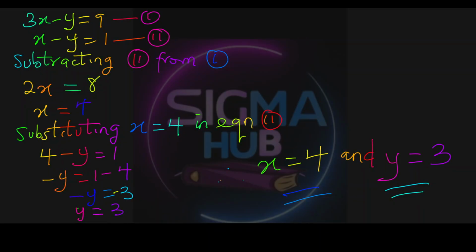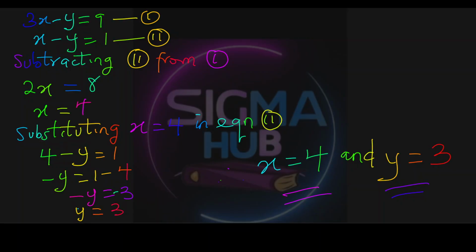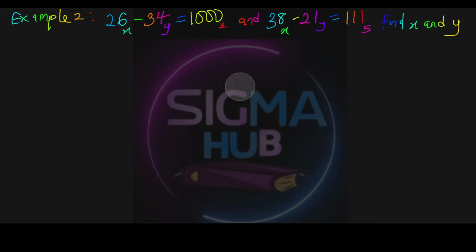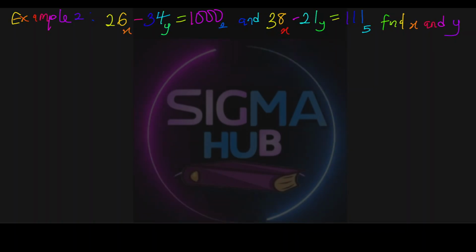Now let's look into one more example. In this example, it says 26 base x minus 34 base y equal to 1000 base 2. At the same time, we have another equation that says 38 base x minus 21 base y equal to 111 in base 5.